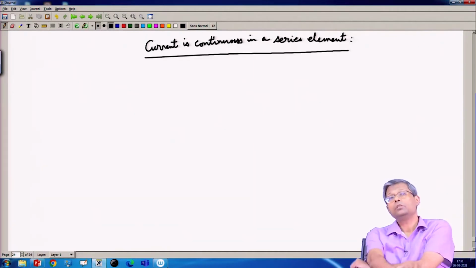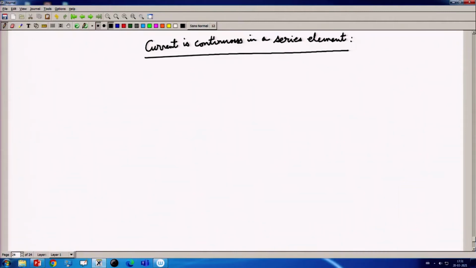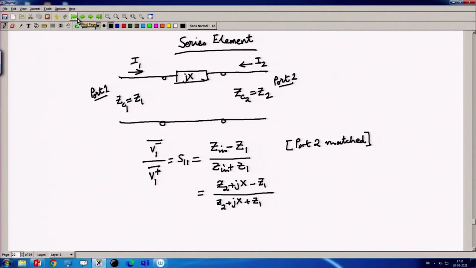Current is continuous in a series element, and hence, according to the diagram, I 2 is entering the network.